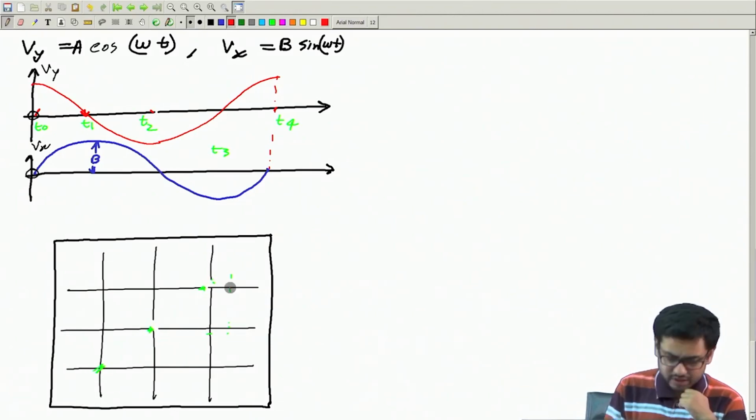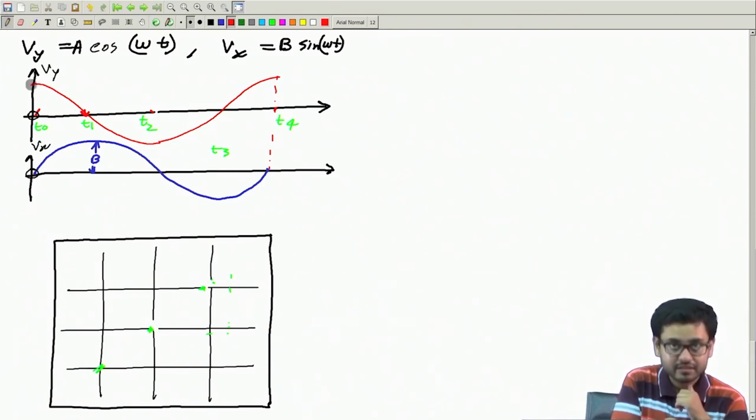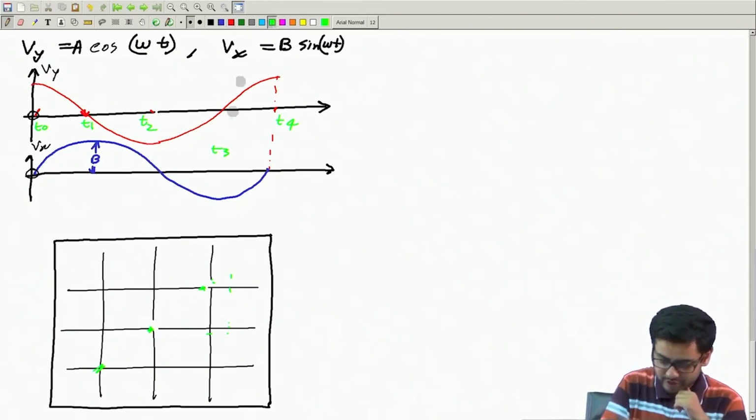Say at t equal to 0, the x position is 0, but the y position is given as a, positive. So the dot will be at t0 somewhere here. X position 0, but height is positive. Then as time increases, x position will increase and y position will decrease.